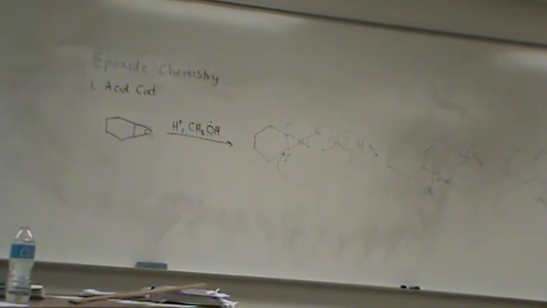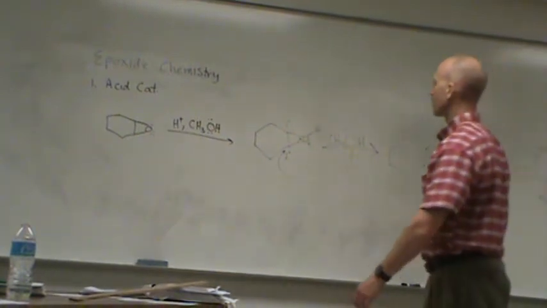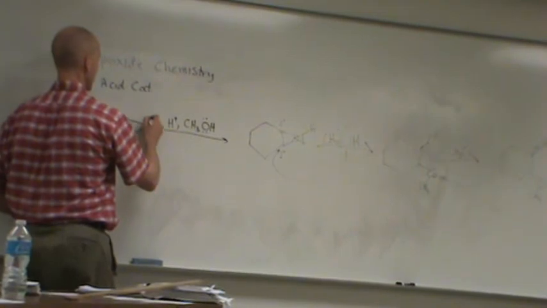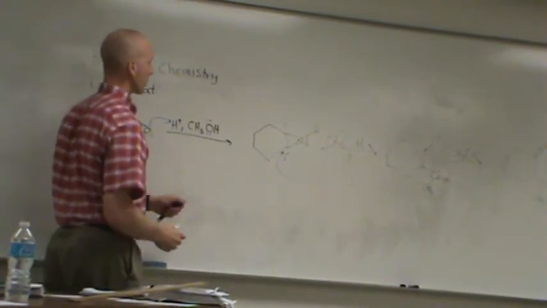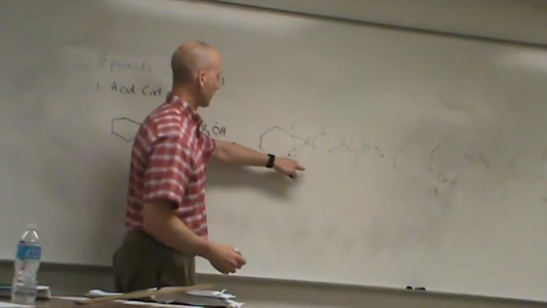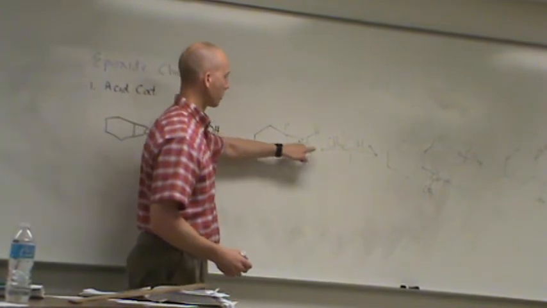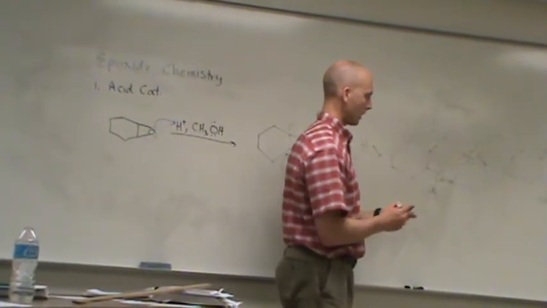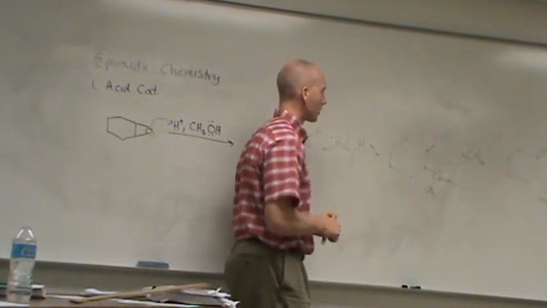Okay, so this is the exact same mechanism as with water. Okay. So protonation of oxygen, and the methanol attacks, ring opens, and then just remove the acidic hydrogen, okay?